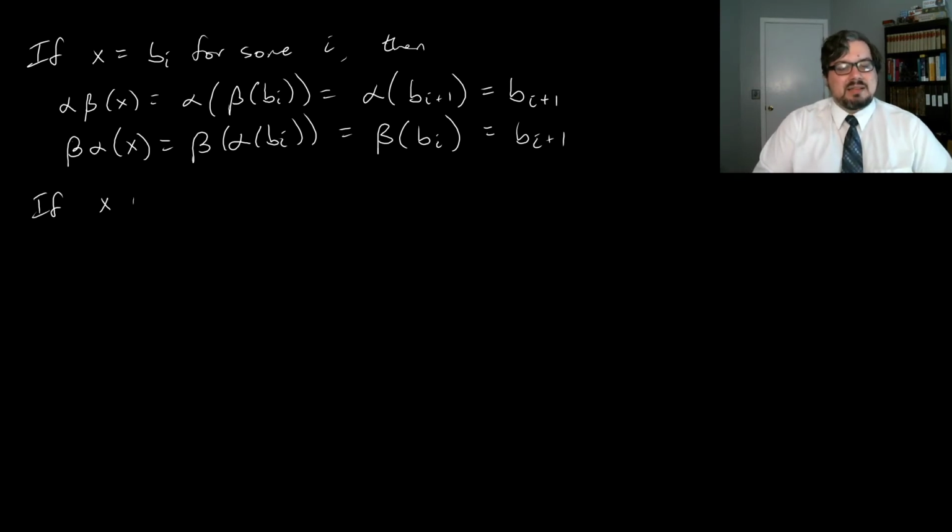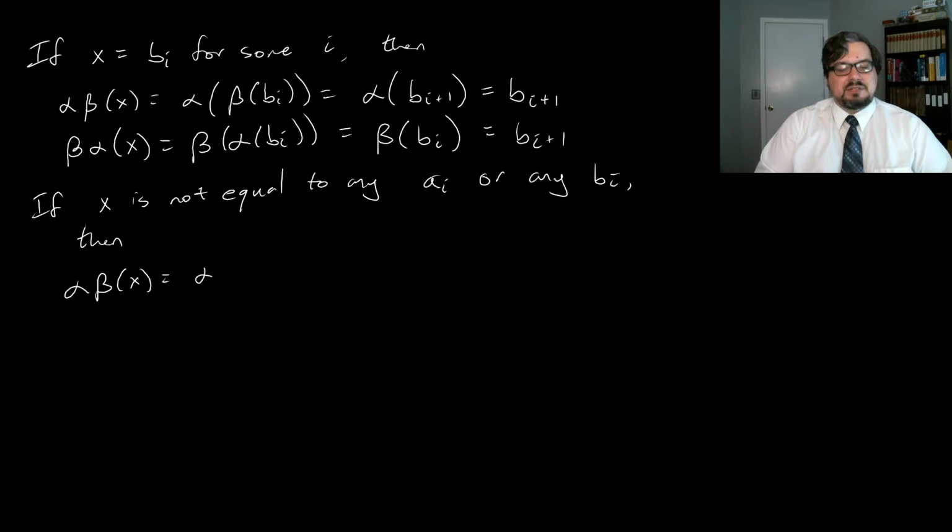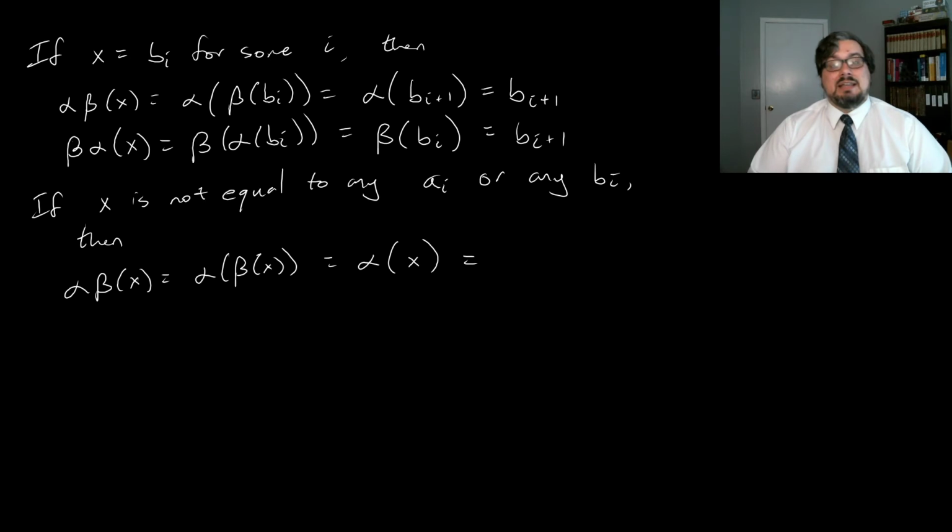So if x is not equal to any a_i or any b_i, then alpha beta of x, which is alpha of beta of x, well, because x is not equal to any of the b_i's, beta doesn't do anything to it. So beta just sends x to x, and because x is not equal to any of the a_i's, alpha doesn't do anything to it, and so alpha of x is just x.